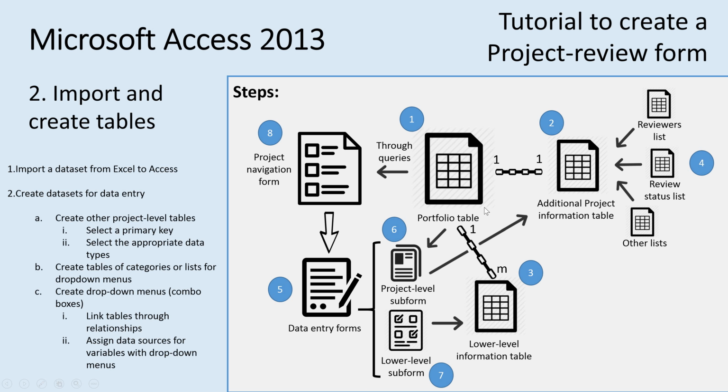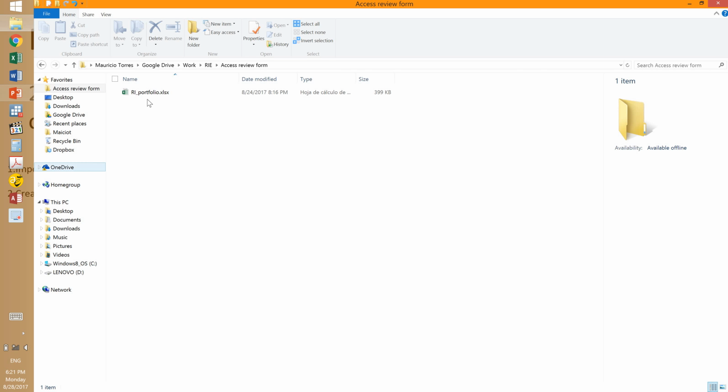We're going to import it from the Excel, and then we're going to create the additional project information table where we're going to save some more information from the forms, and we're going to create a few lists where we are going to pull information from to feed the drop-down menus that we're going to see in this table and in these forms. So we're going to start with the import of this information from the RI portfolio.